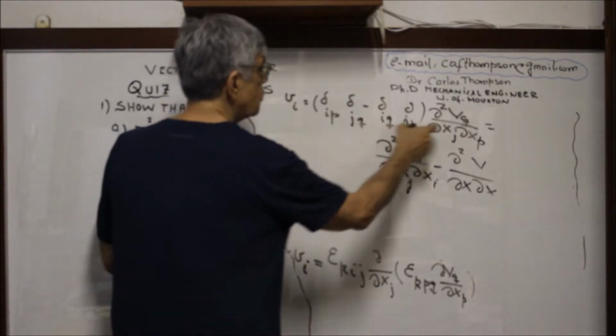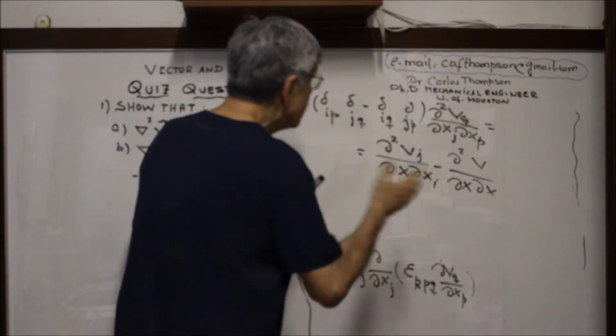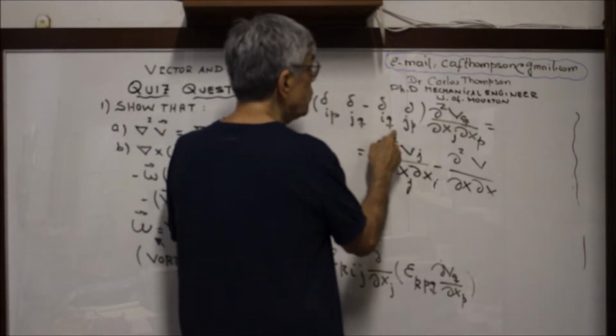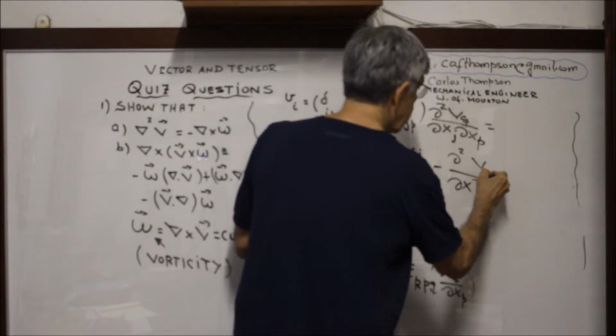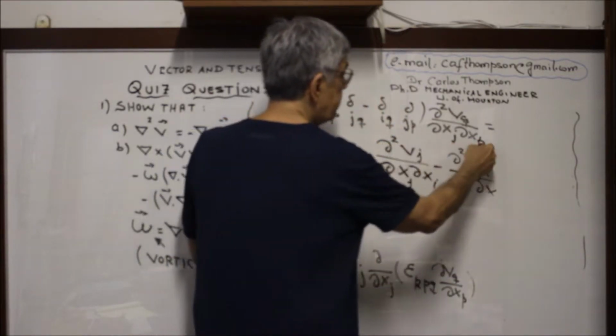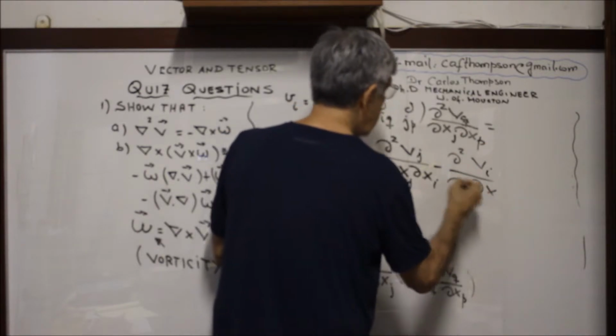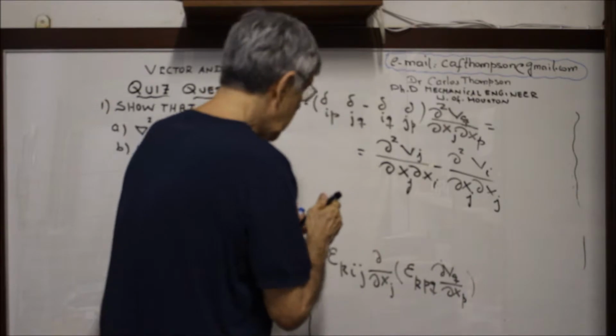Now apply this one over there. See, this is equal. Now let's see how easy it is. Delta IQ, okay? I substitute, put I over here. Now, delta JP, this is J, this is P, so I put J. You see how easy it is?